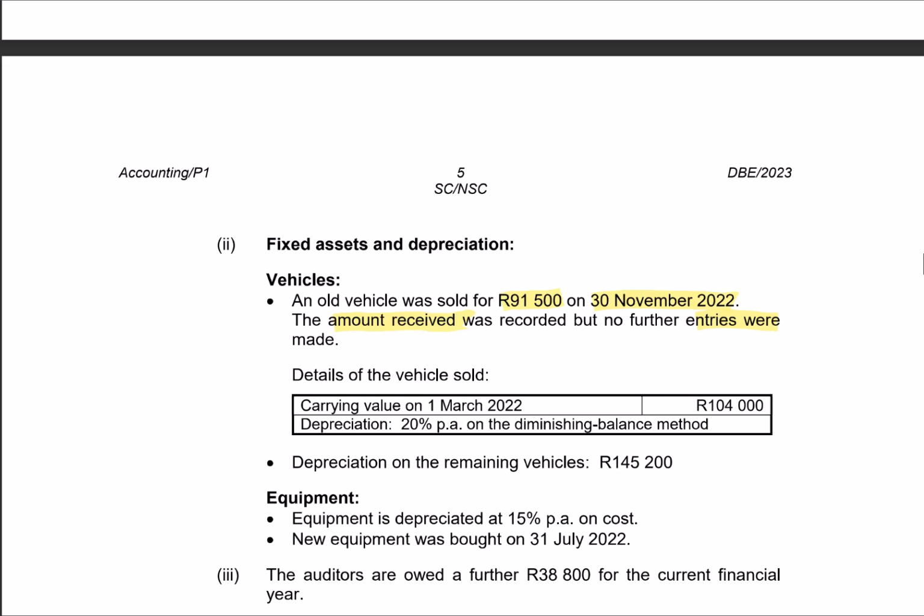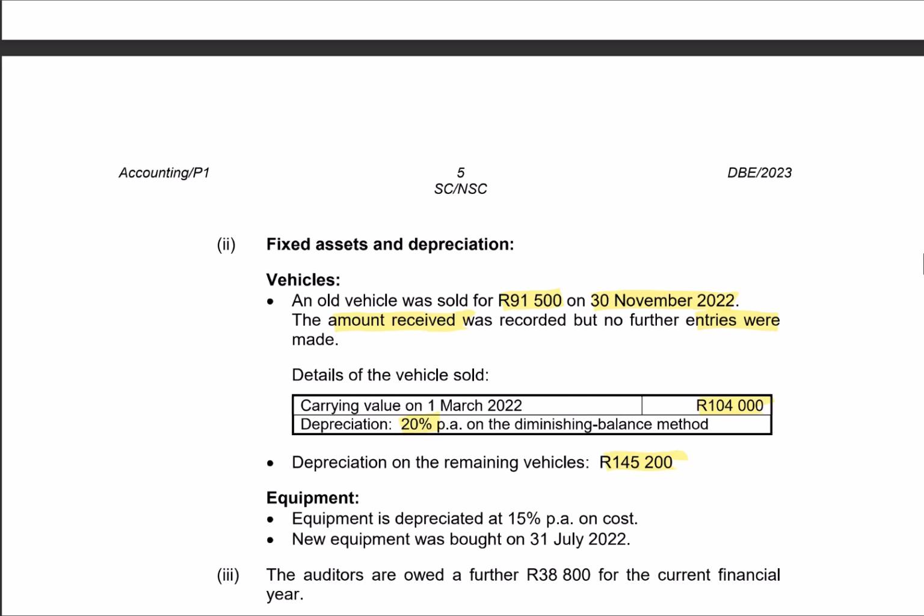Details of the vehicle sold. Carrying value on 1 March 2022, 104,000. Depreciation 20% per annum on the diminishing balance method. Depreciation on the remaining vehicles, 145,200. So you're already given the depreciation on the remaining vehicles.